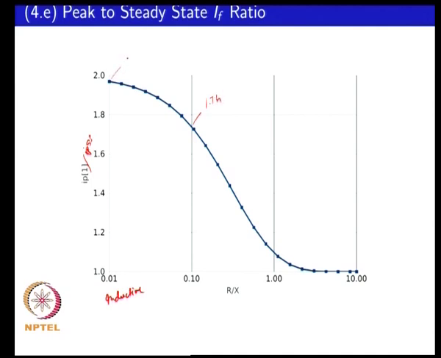Here it is about 1.97. Here you are talking about 1.1. So, if you are having an r by x ratio of 10, it is almost just resistive. You do not see much of a transient term at all. Okay. And obviously, your transient would be higher in the inductive case compared to the resistive case.